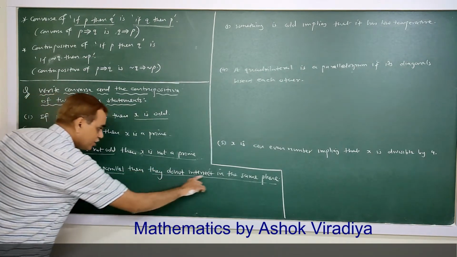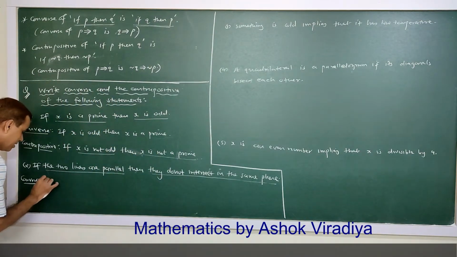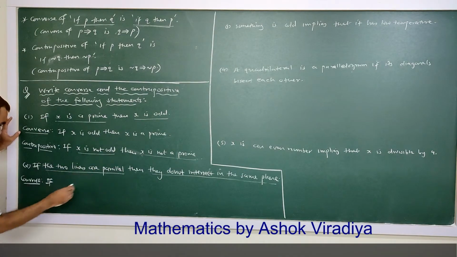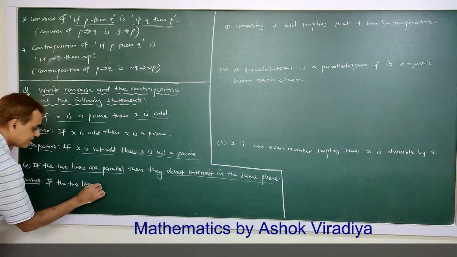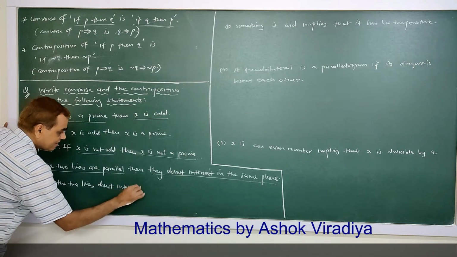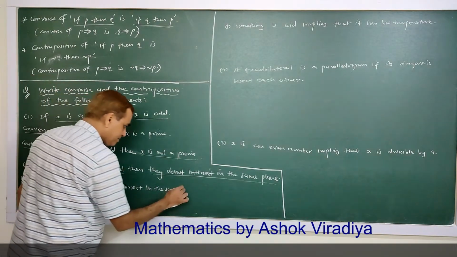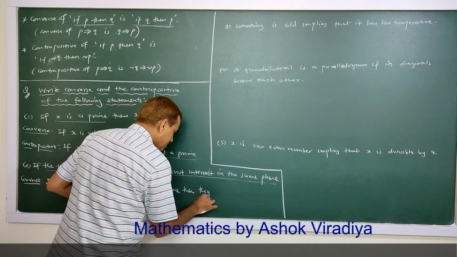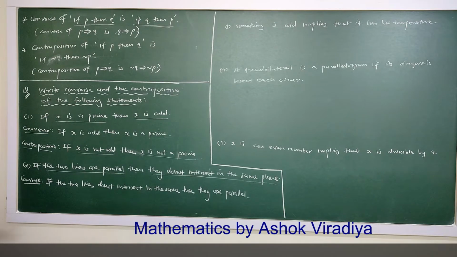If P then Q. So first of all, the converse of if P then Q is if Q then P. If the two lines do not intersect in the same plane, then they are parallel. Now the contrapositive.